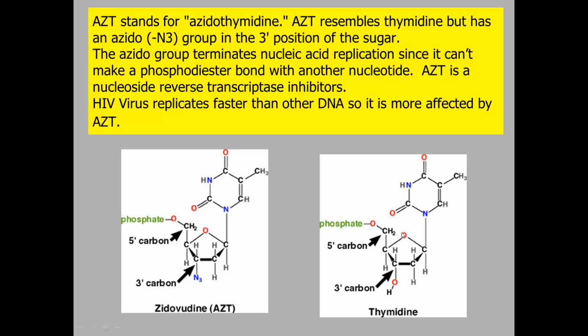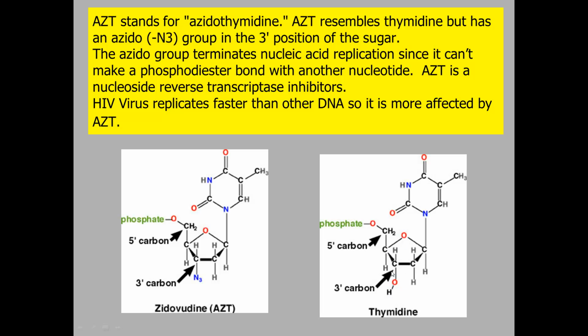One of the drugs that's been developed is an analog for the nucleotide thymidine. Thymidine is the T base. What it's got is the phosphate attached to the sugar molecule.